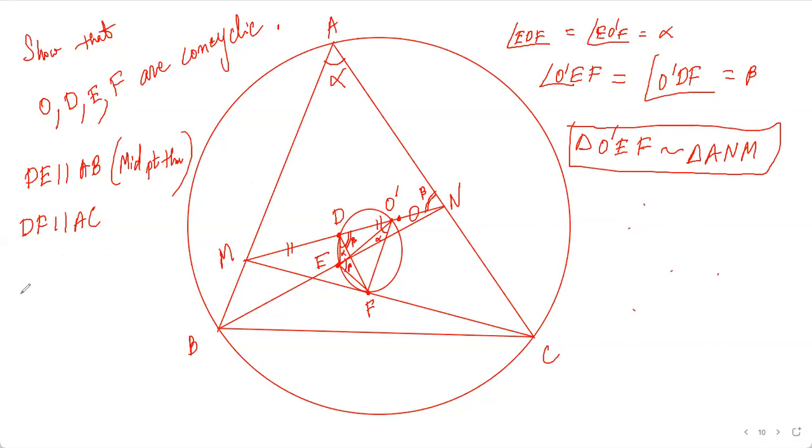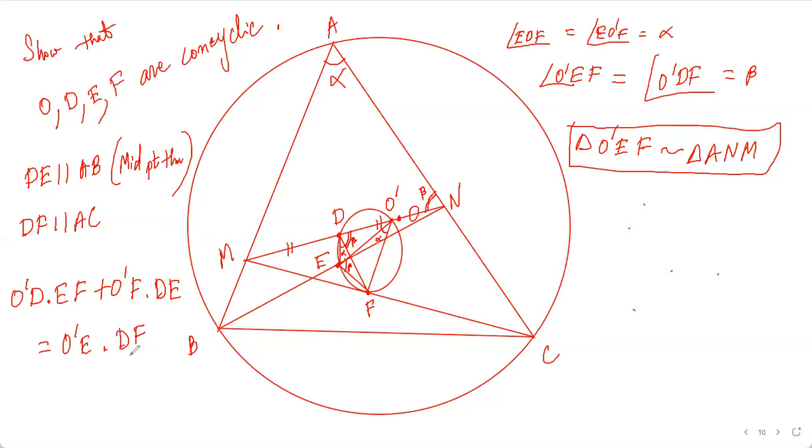Now I'll write the Ptolemy theorem. That is O dash D times EF, and the other two opposite sides are O dash F times ED, and that is equal, with equality because it's a cyclic quadrilateral, to the product of the diagonals O dash E times DF.